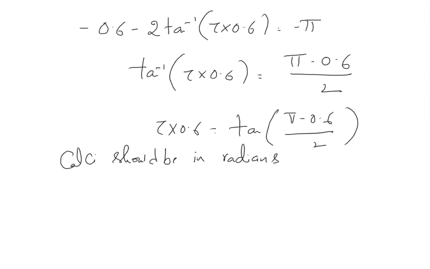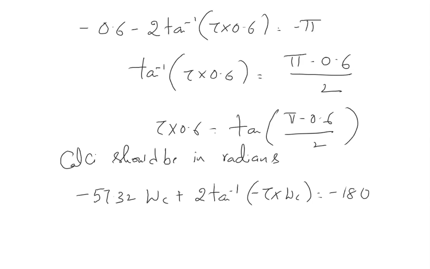Or else you have to solve in degrees: minus 57.32 into omega c minus 2 tan inverse of tau omega c equal to minus 180. Here the calculator should be in degrees mode. So tau into 0.6 equals tan of (180 minus 57.32 into 0.6) divided by 2.